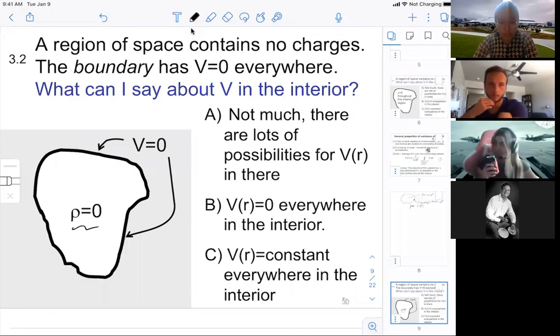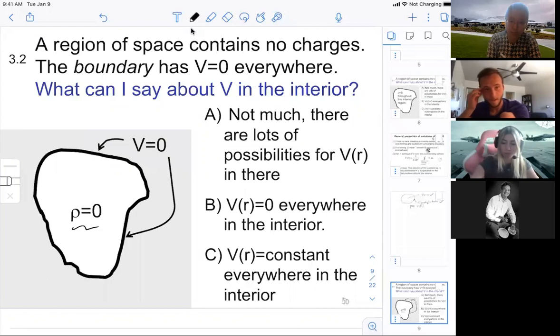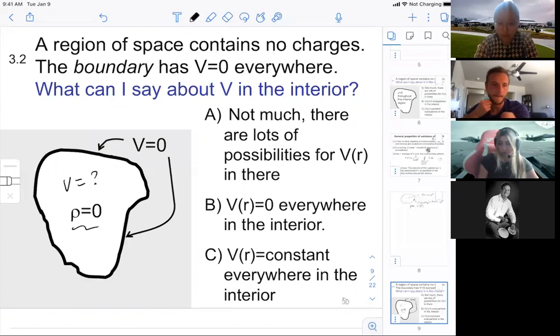You're interested in this region, and I tell you that at the boundary, on this black line, V is 0. Now can you say something more about V inside? Do you know what V is inside now? I'll let you discuss this within your group for another couple of minutes.